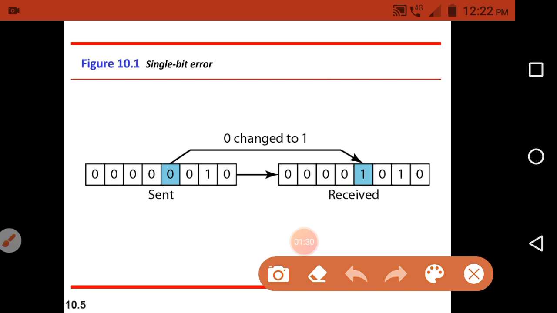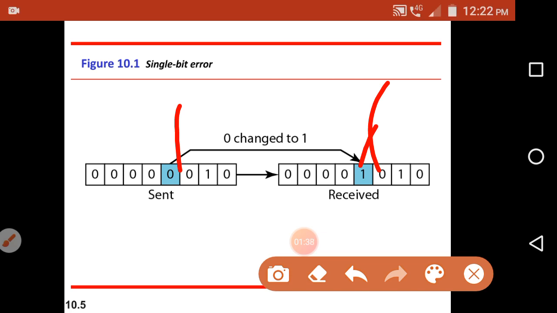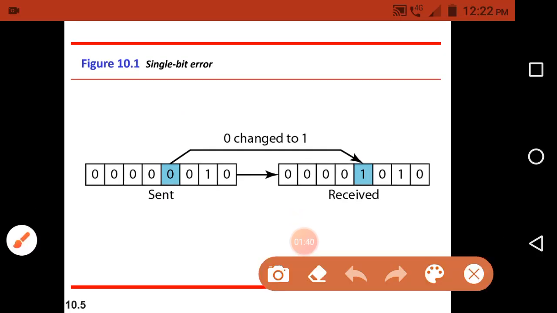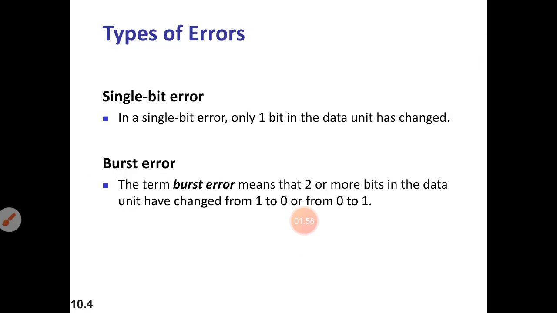The bit at the fourth position has been changed when the receiver received it. At the receiver side that bit is changed from 0 to 1. Only one bit has been corrupted, so we call it a single bit error.